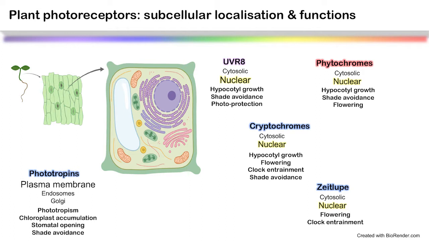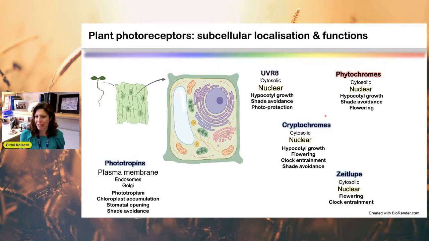So basically the action is happening in the nucleus. And it's known that in response to light, there's major transcriptional reprogramming that takes place, especially during photomorphogenesis, which is when plants perceive light for the first time. So all these photoreceptor families are able to integrate signals in the nucleus to induce hypocotyl elongation, shade avoidance, photoprotection, flowering, clock entrainment, depending again on the developmental stage and the environmental conditions.